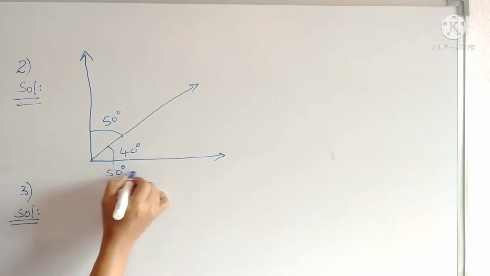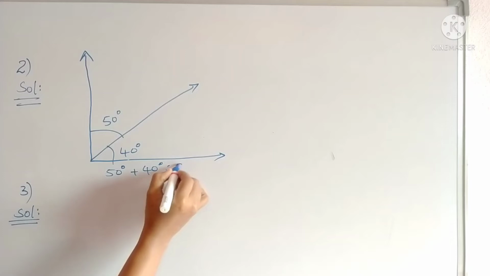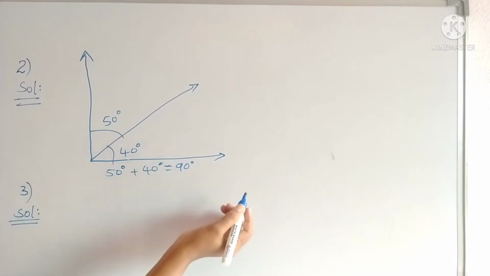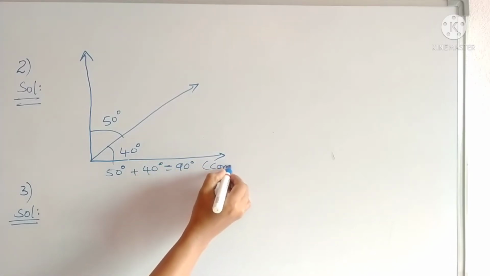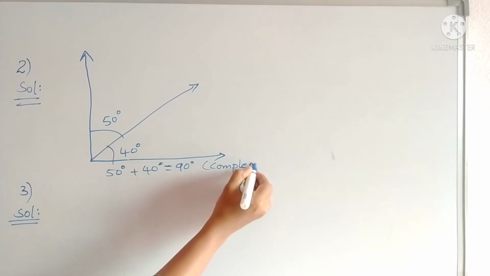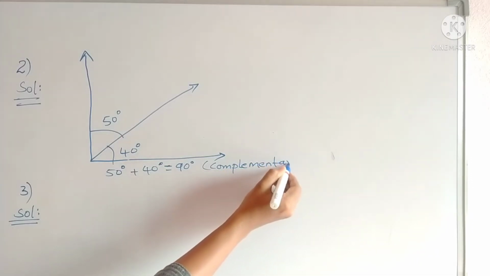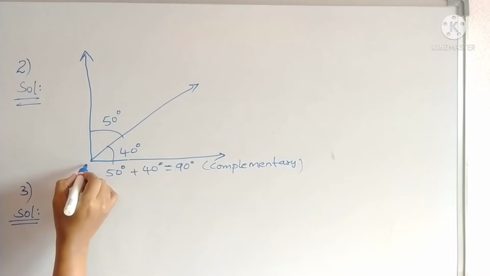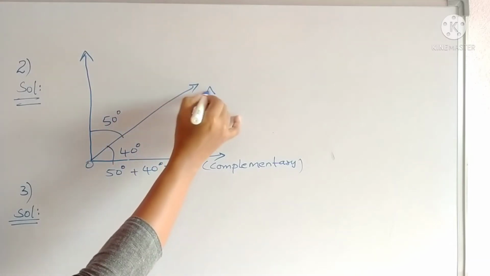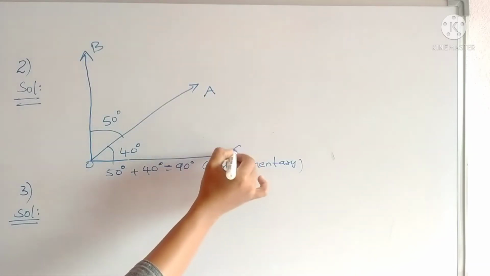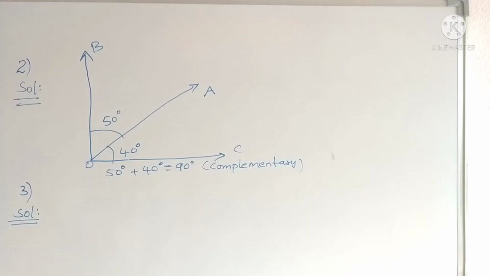So 50 degrees plus 40 degrees is equal to 90. So they are complementary. Okay, so like this you can draw. You can draw 10 degrees, 80 degrees also, 45, 45 also you can draw.